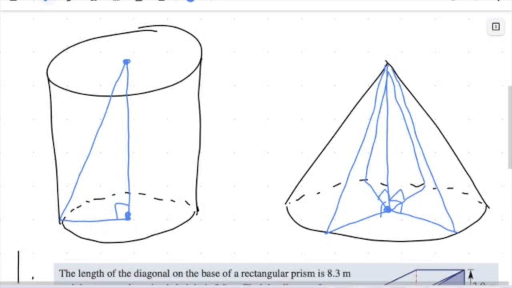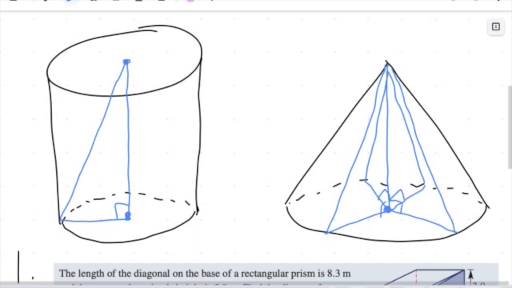I've just drawn four in here. They look a little bit messy, but as I rotate my bottom around, I have a bunch of different right angle triangles I can construct inside my 3D cone.